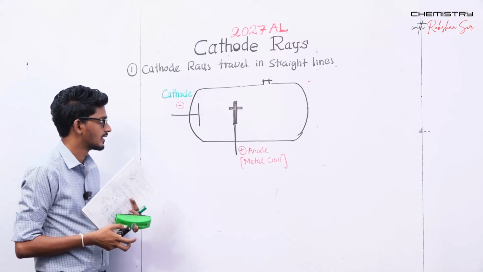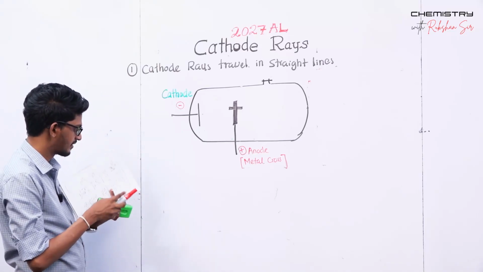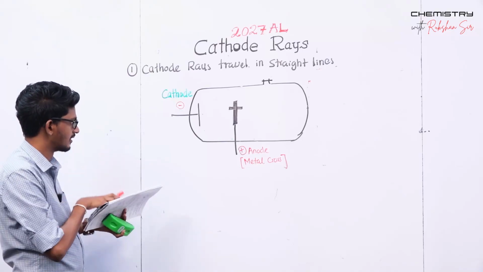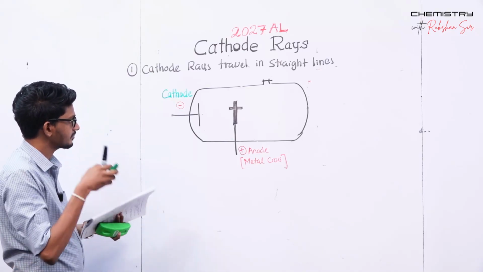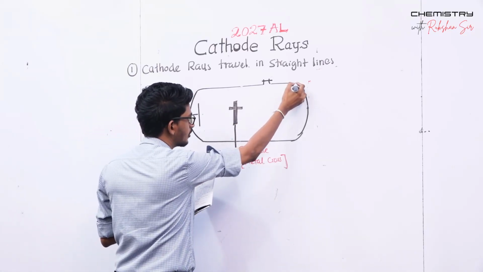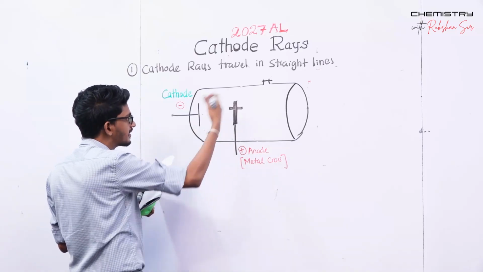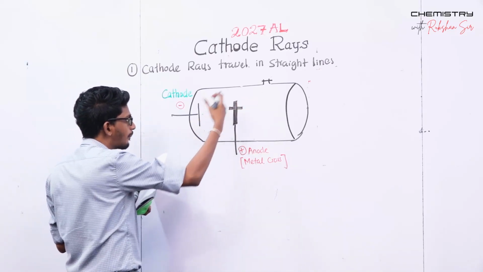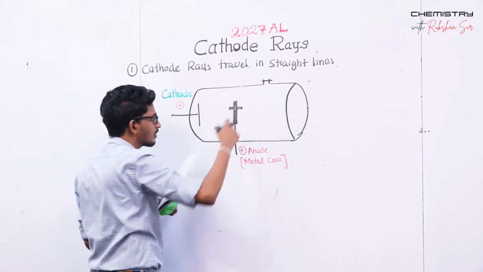Then when they constructed this kind of setup, they saw a shadow appearing at the end opposite to the cathode. This is the end of the cathode and this is the opposite end of the cathode.